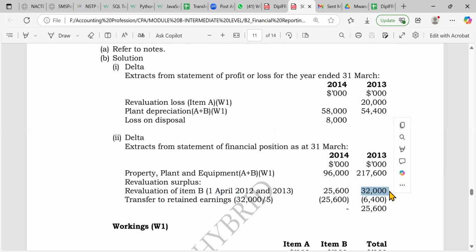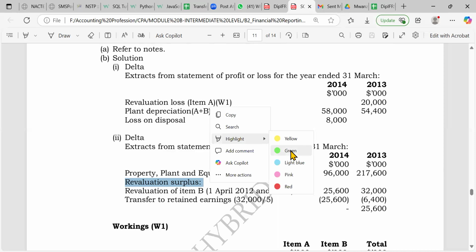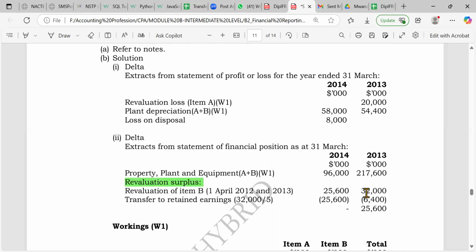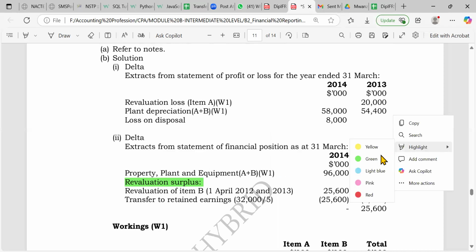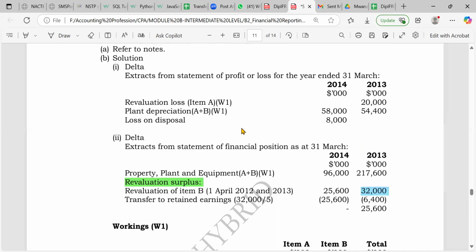Do you see it here? It is stated there as revaluation surplus. So you have your 32 here. This 32 in reality should also have been shown down here in the income statement, but the question did not want us to show the other comprehensive income, and that's why it is not shown.